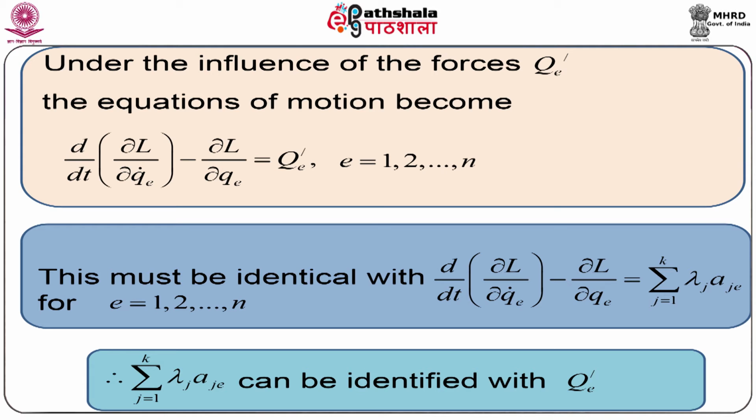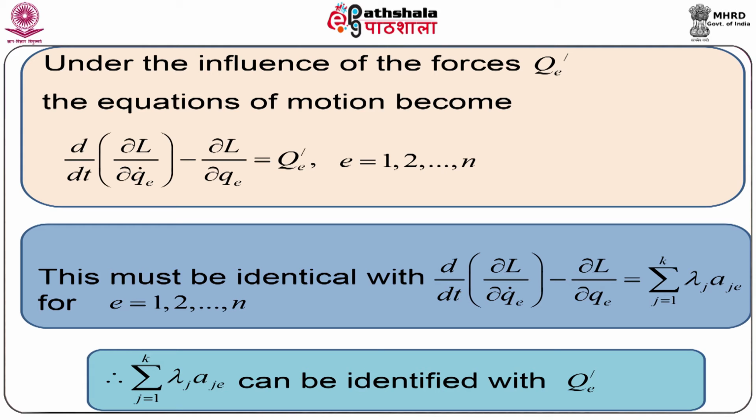This is the generalized force Q_j dash, L is the Lagrangian of the system, small q_j is the generalized coordinate, q̇_j is the generalized velocity, t is the time. This must be identical with the previous equation, which is given by this one.